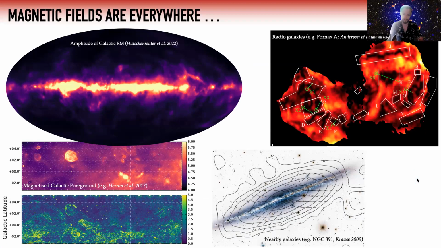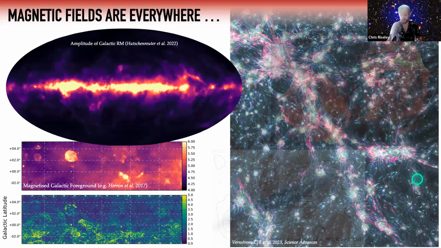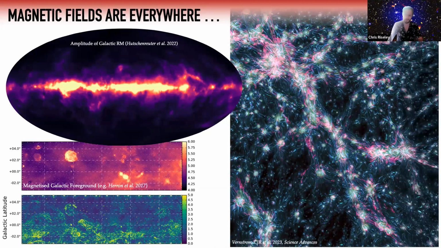So magnetic fields are everywhere. And on the very largest scales, in a recent paper that I worked on, led by Tessa Wernström, we did a statistical detection of magnetic fields in intercluster filaments using stacking to detect polarized emission from these accretion shocks.